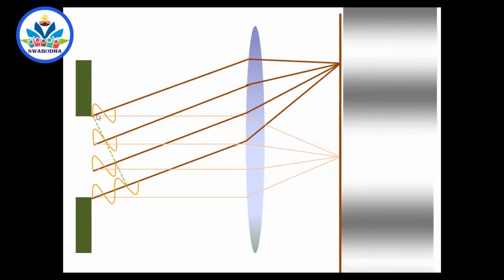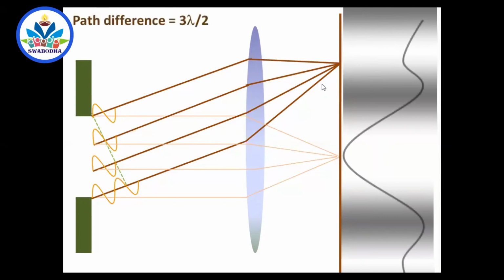The secondary waves starting from the neighboring 2 parts cancel each other. 1 part remains, and that 1 part produces a bright spot here. But that brightness is not as bright and as wide as the central maximum. Central maximum is brightest and widest. This will not be as bright as this one.